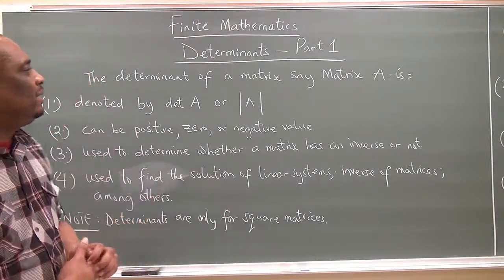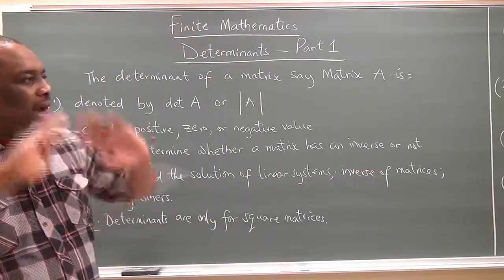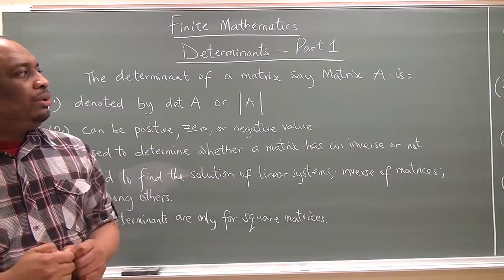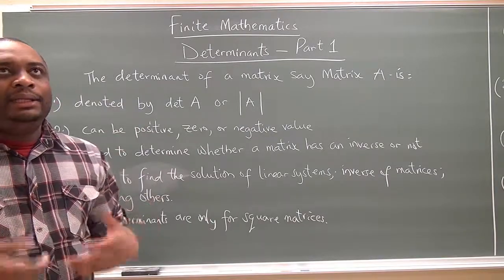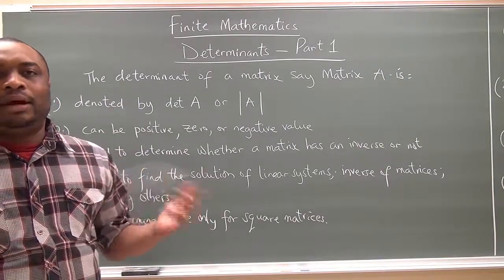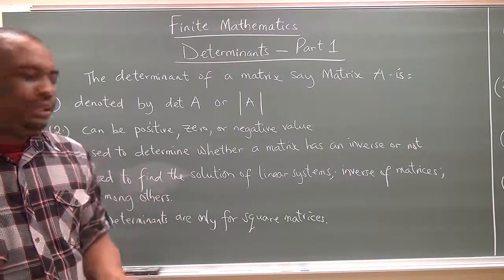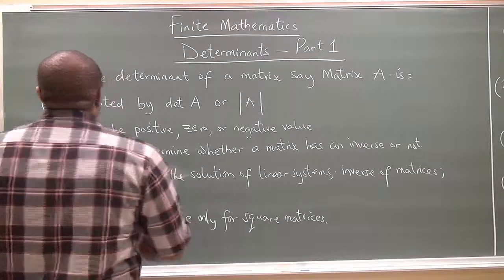Alright, so the next thing we will do now is we have an idea of what a determinant is. The next thing we do now is to discuss how do we find determinant of a square matrix. Okay?